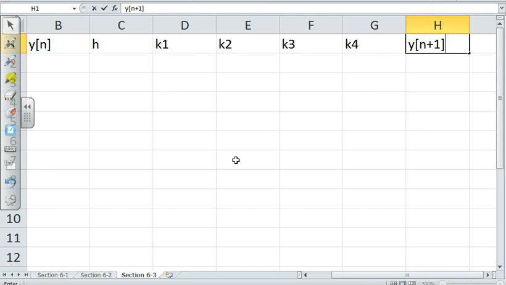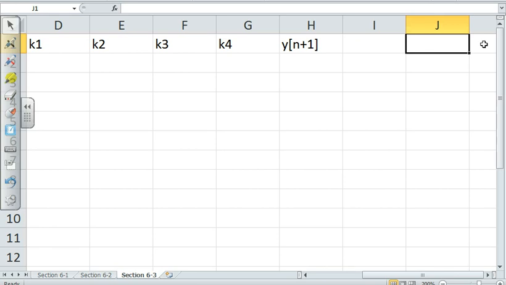So at time y of n, that's some time, and then y n plus 1, that's one step, whatever the step is. And then we're going to need a real one, and then we want to know what the error is.